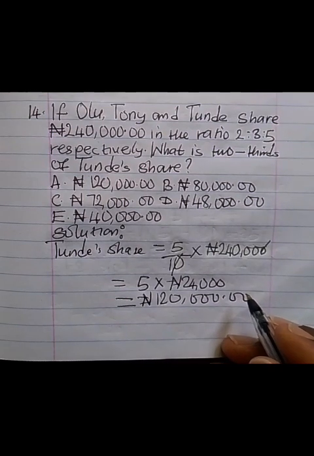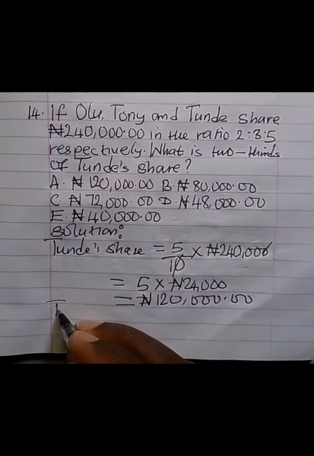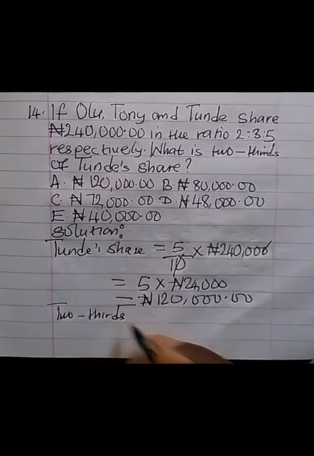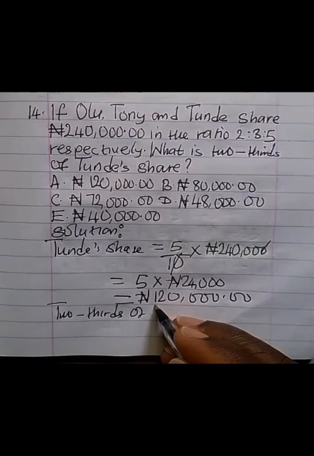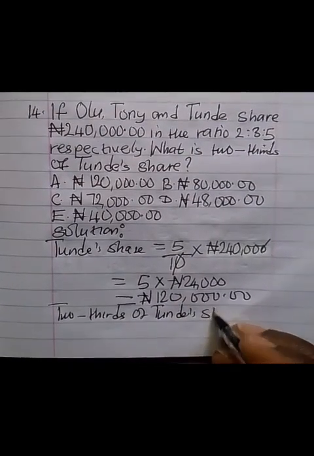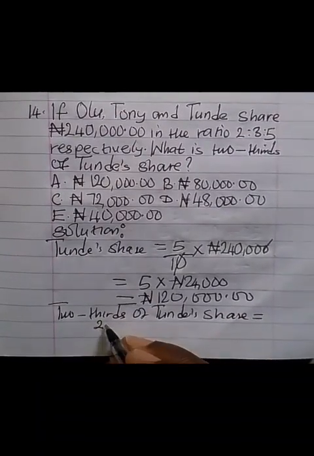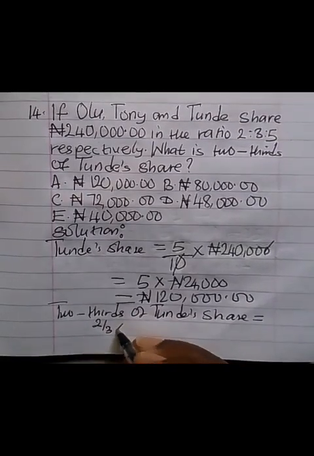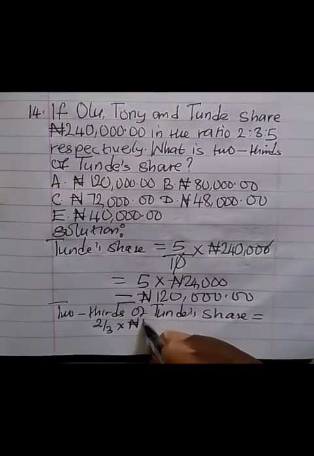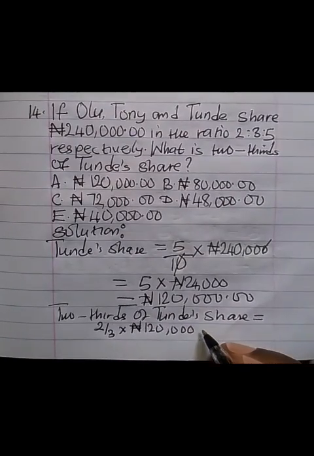Then we have to get 2/3 of Tunde's share. Let's proceed with that. 2/3 of Tunde's share is equal to 2 over 3 times 120,000.